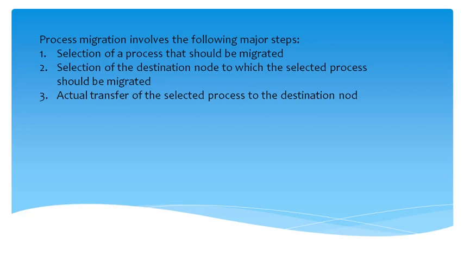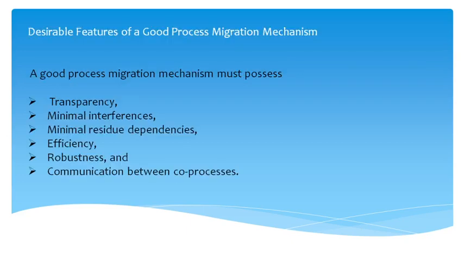So we will see the desirable features of a good process migration mechanism. Up to now, I hope you understood what is meant by process migration. Moving from one source node to another destination node is process migration.